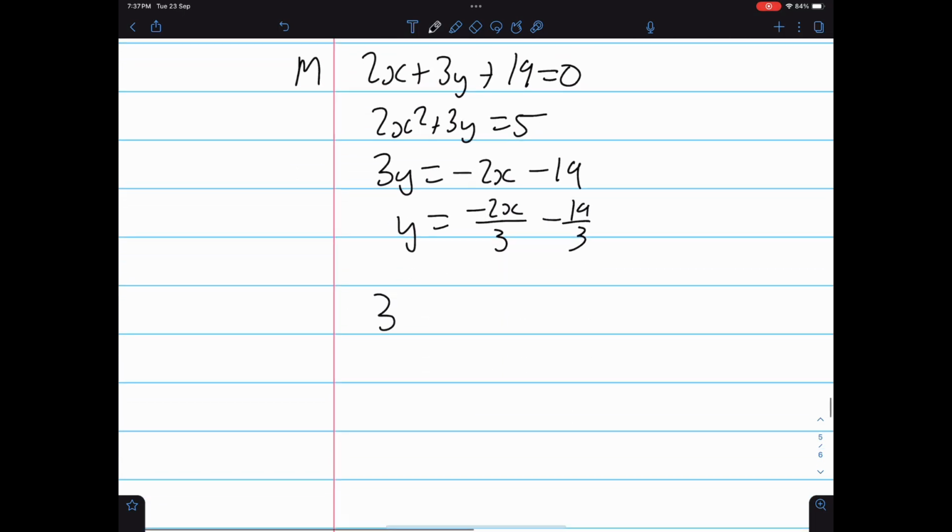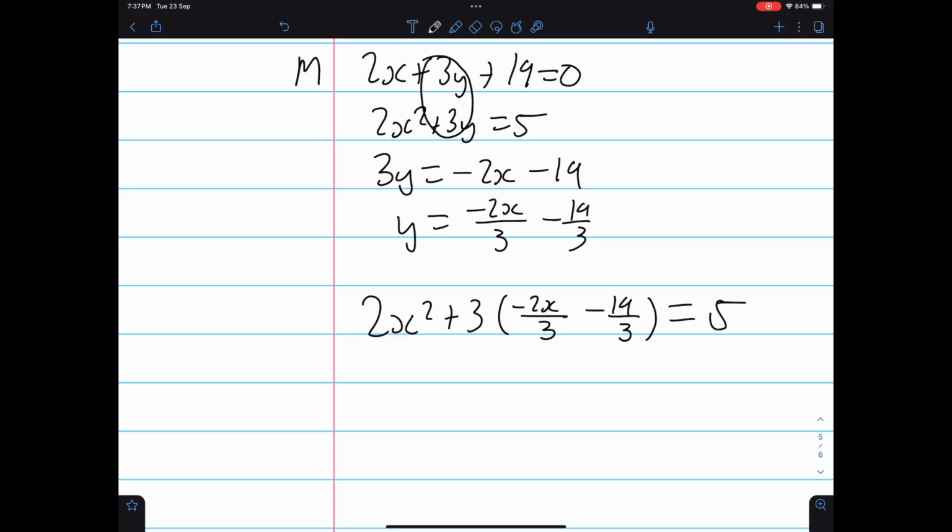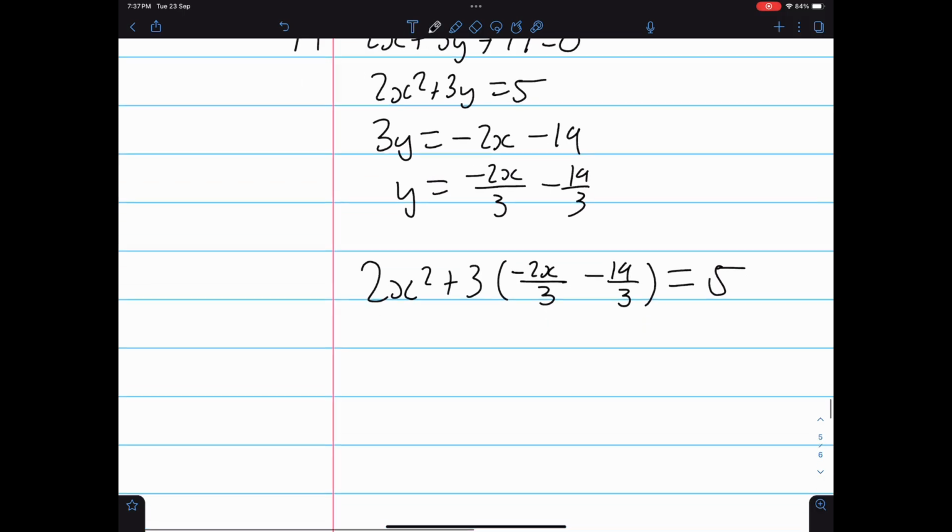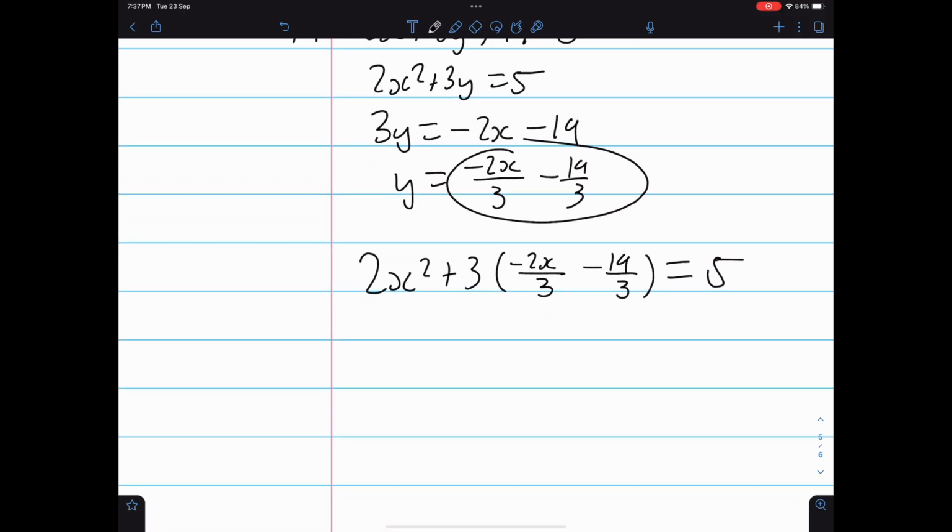And then we can substitute that into the next one by doing 3 times (minus 2x over 3 minus 19 over 3), which will equal 5. Now notice, because these two are literally just the same, we didn't have to really do that. I just did that to kind of emphasize, and that's why I left it in that form.